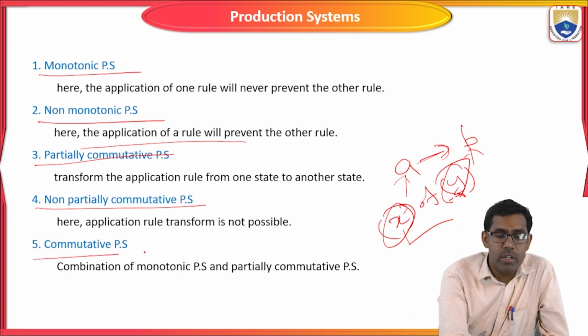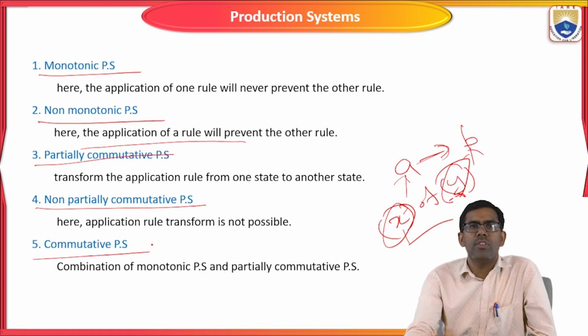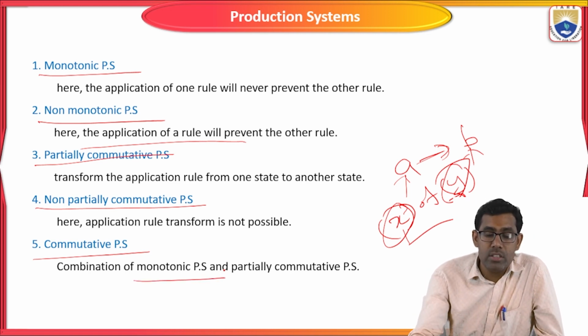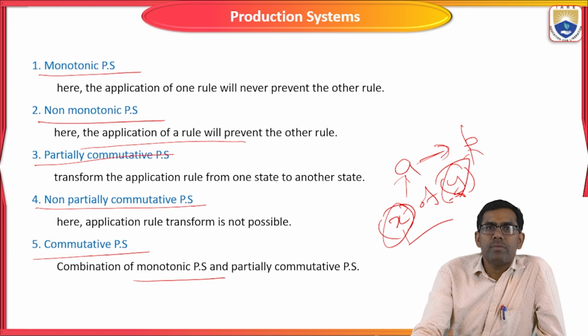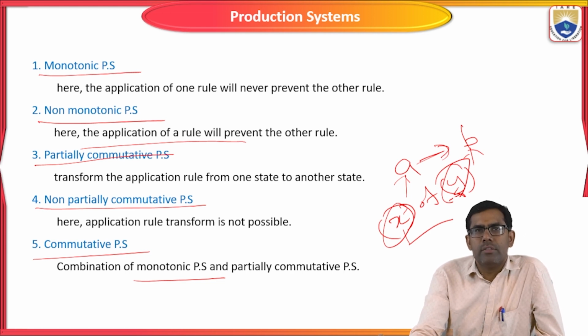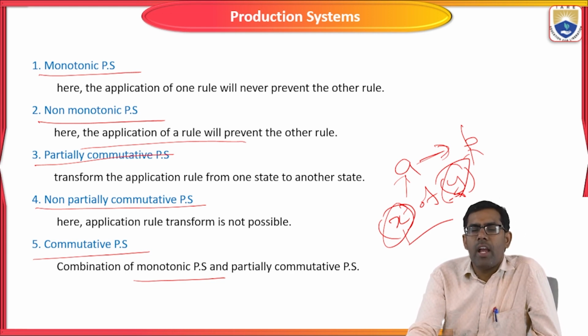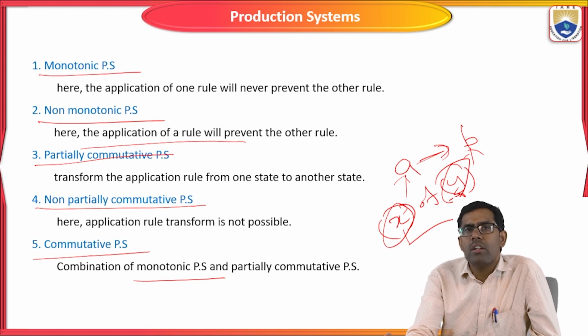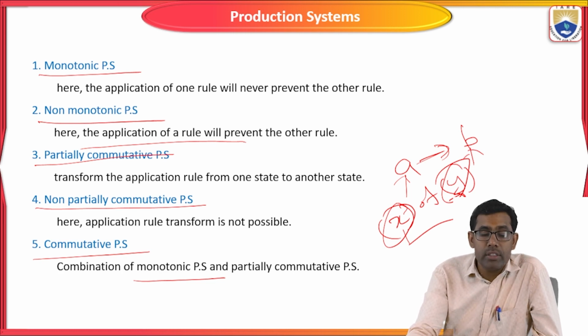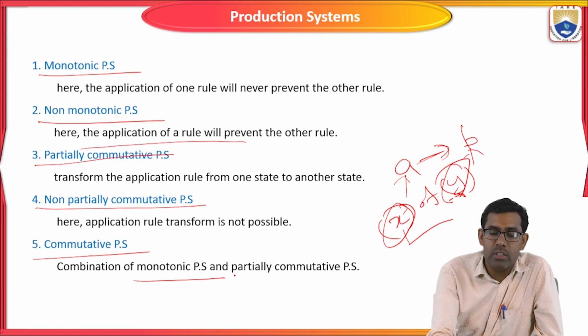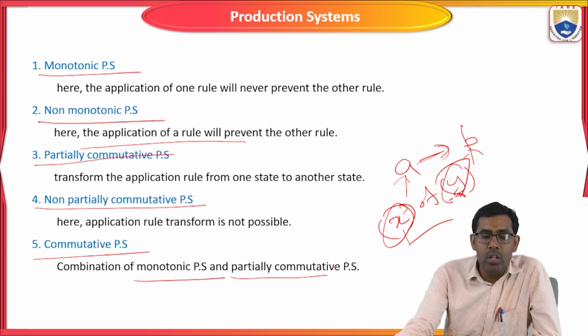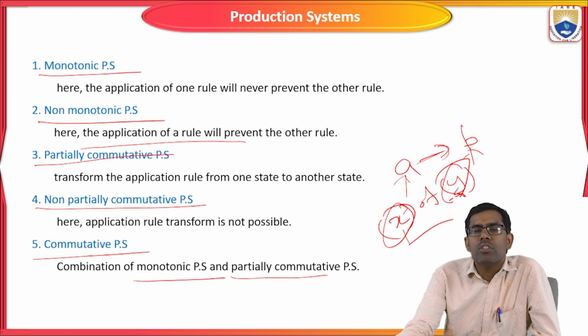The next is the commutative production system. What is the monotonic production system? It will adjust to the other rules also. If you are following one rule, then we can give another rule for the same problem or same searching concepts, and it will accept it. That is monotonic. Then what is partially commutative? The rules are transferred from one state to another state.